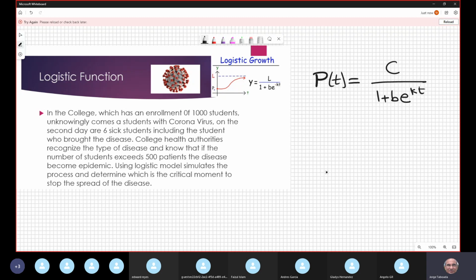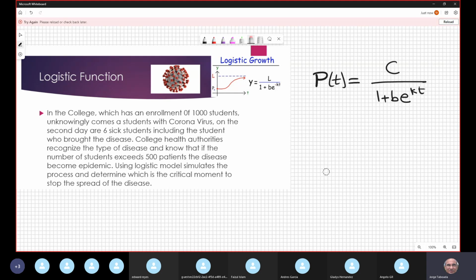So we have 3 parameters, right? Capital C. Let me explain the scenario where I apply logistic. The problem specifies that it is logistic, or by the context of the problem you infer that it is logistic, because you have a constant population.